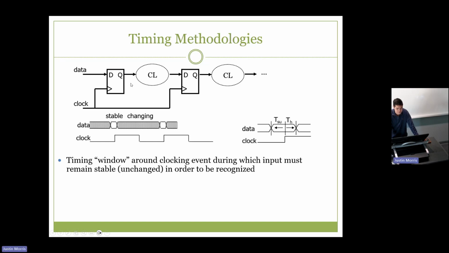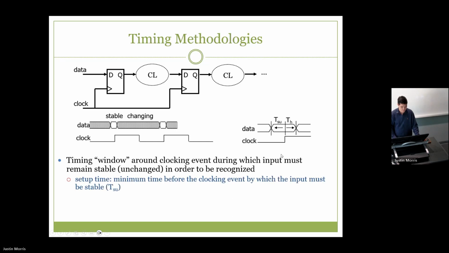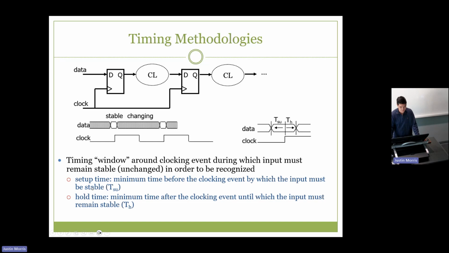So we also have to make sure that the delay between this flip-flop and this flip-flop is long enough to ensure that the data is stable for this whole time. Okay.